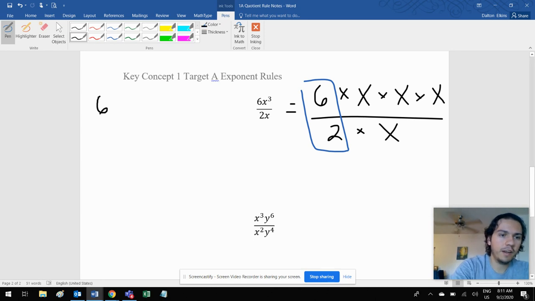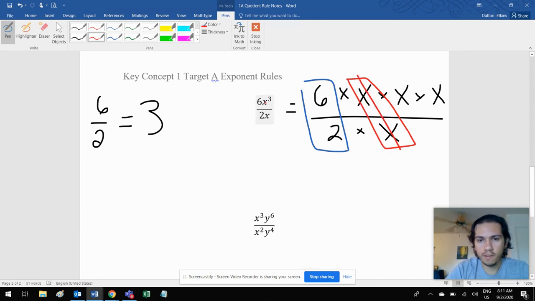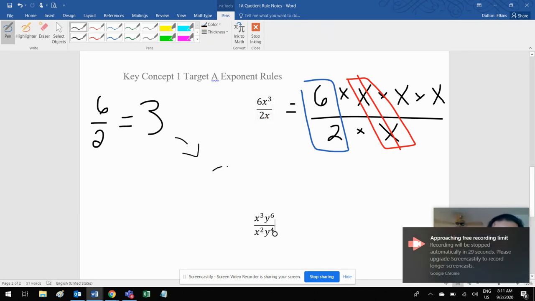Well, 6 divided by 2, you could use a calculator to figure that one out, or you could just know 6 over 2, that's 3. And then once again, we have these two that become 1 here. And you could have done x to the power 3 minus 1. You could have gotten x squared. We just need to combine these here. This is 3x squared, and that would be it.